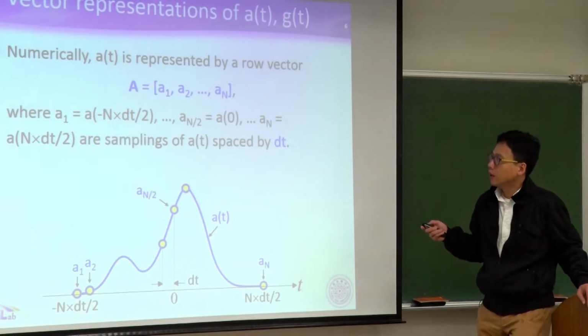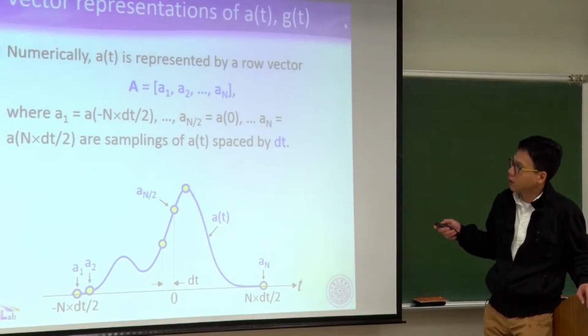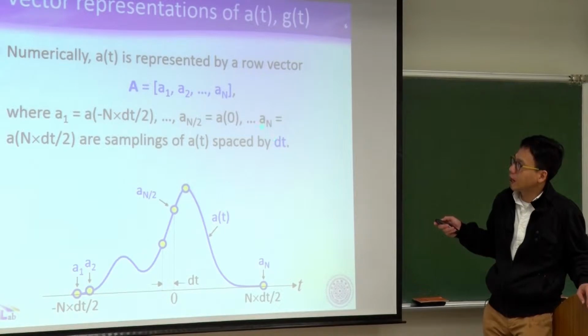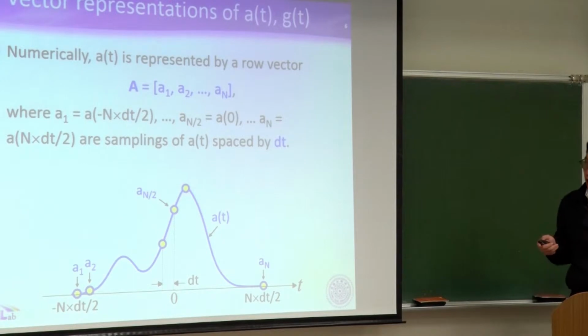The middle one, when t equals 0, should be A sub n over 2. And the last one is A sub n, which is A when t equals big N times dt over 2. So this is a very simple implementation. After sampling, you get a 1 by n row vector, the vector big A, which represents A of t.